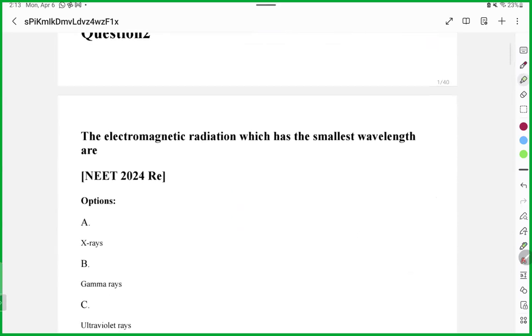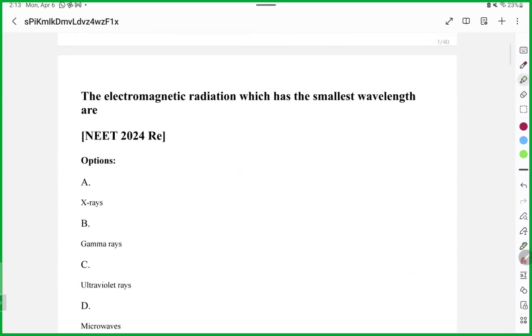Next. Saloni, smallest wavelength. Smallest wavelength, maximum frequency. Saloni.